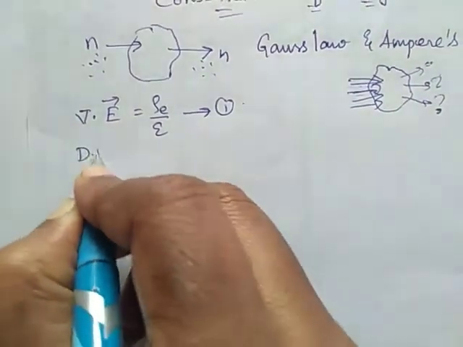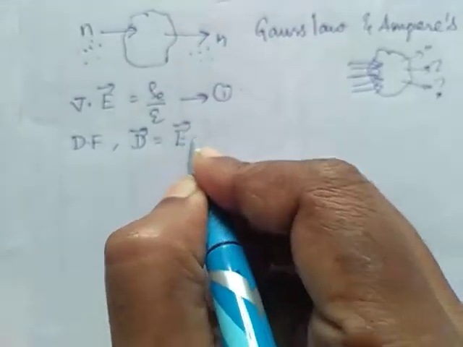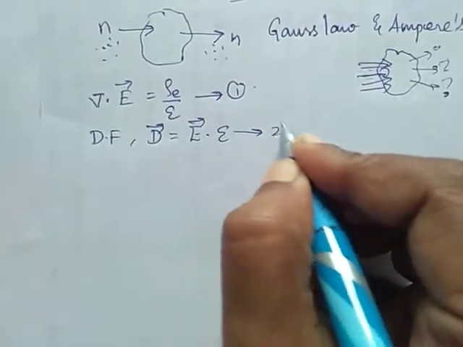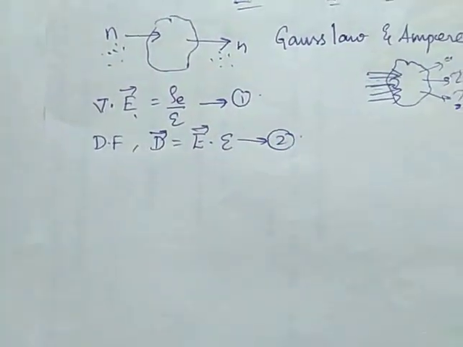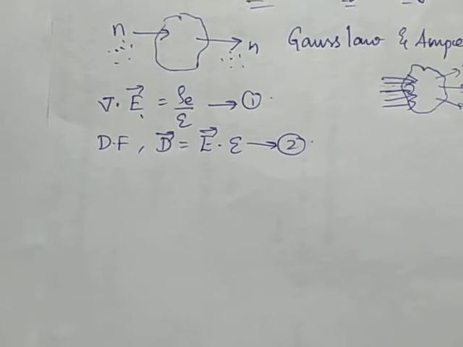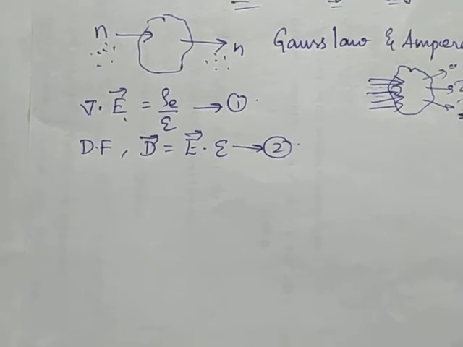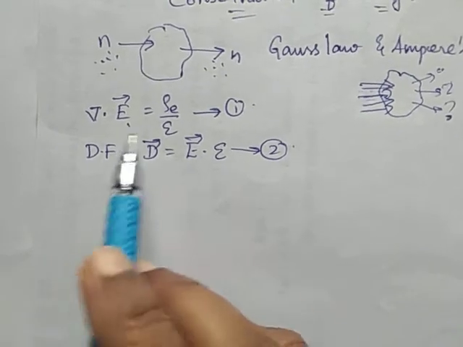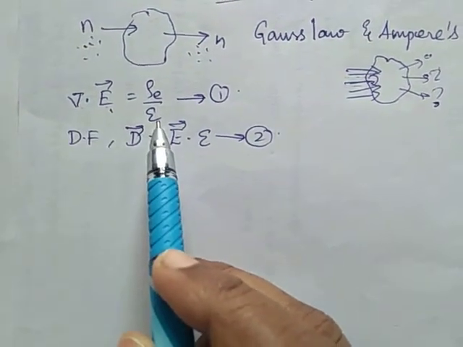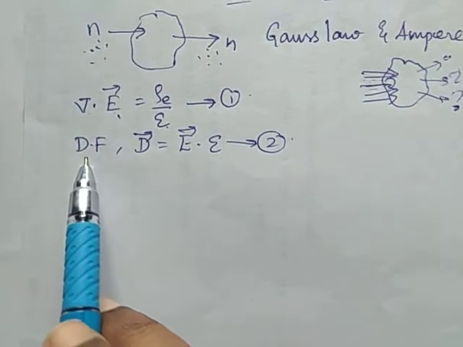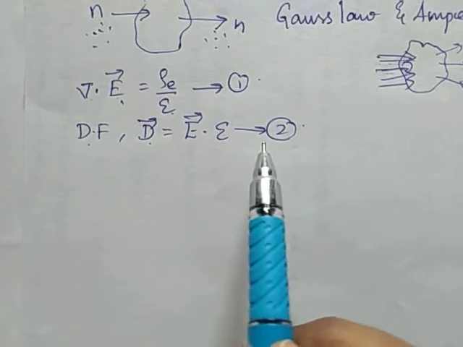It is denoted by the letter D and is nothing but epsilon times E. Gauss law says the total electric flux through any closed surface is proportional to the net charge enclosed within the surface. So del dot E is equal to rho E by epsilon, and mathematically D is equal to epsilon E.